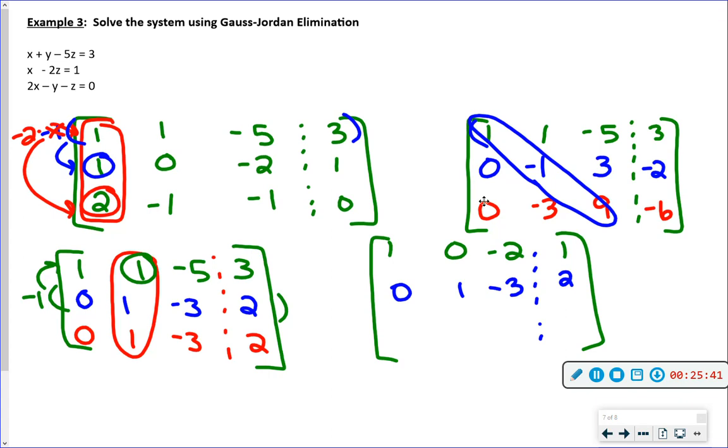All right, let's do the bottom one. Now, I still am multiplying by -1. I need a -1 to cancel it, but now we're just going to add it into the bottom row. -1 times 0, 0, plus 0. -1 times 1, -1, plus 1. -1 times -3 is 3, plus that.